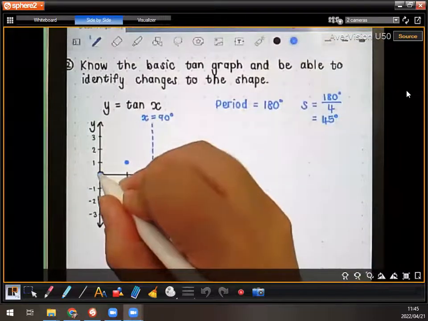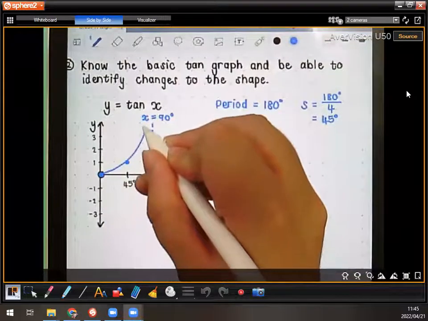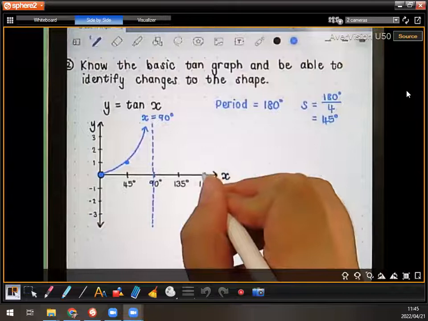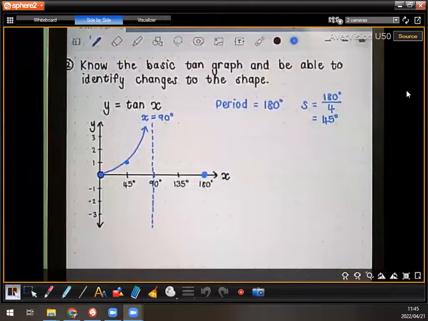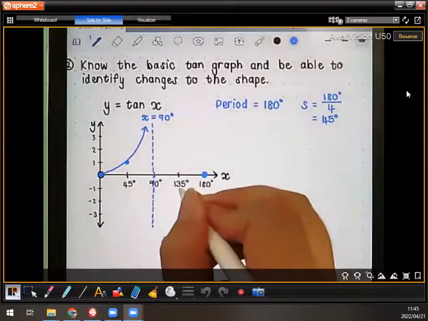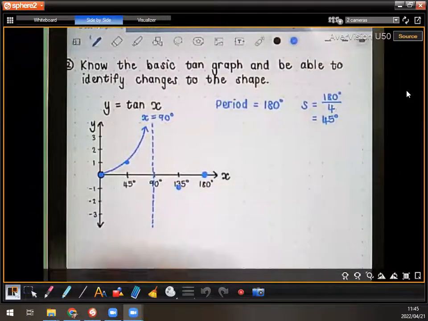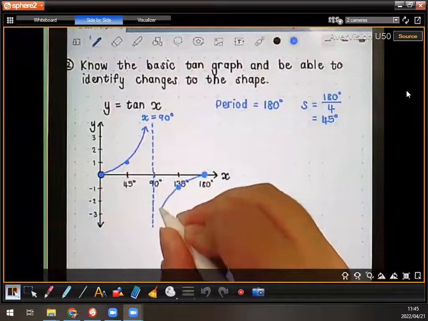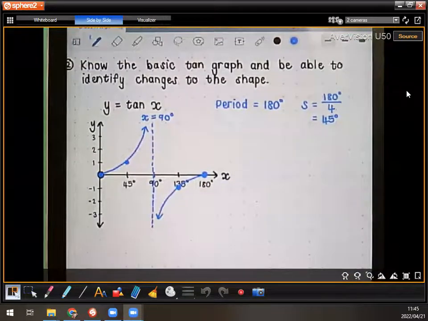From there, it's going to go up towards the asymptote. On the other side of the asymptote, at 180, we have a point of 0, but we have a point at 135, negative 1. From 180 to 135, it's going to go down towards that.